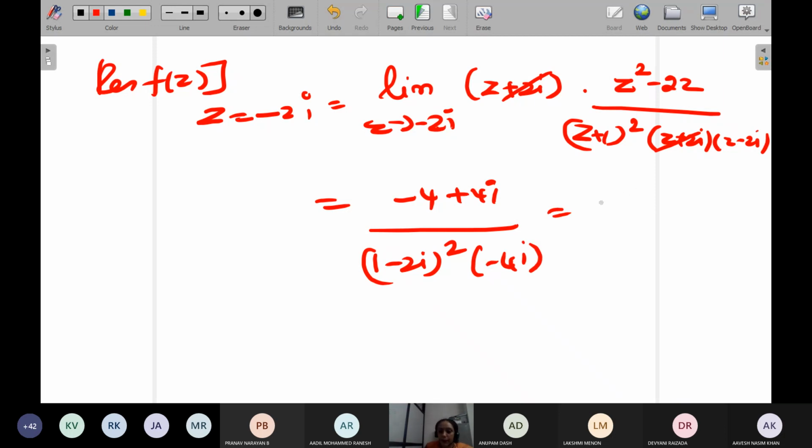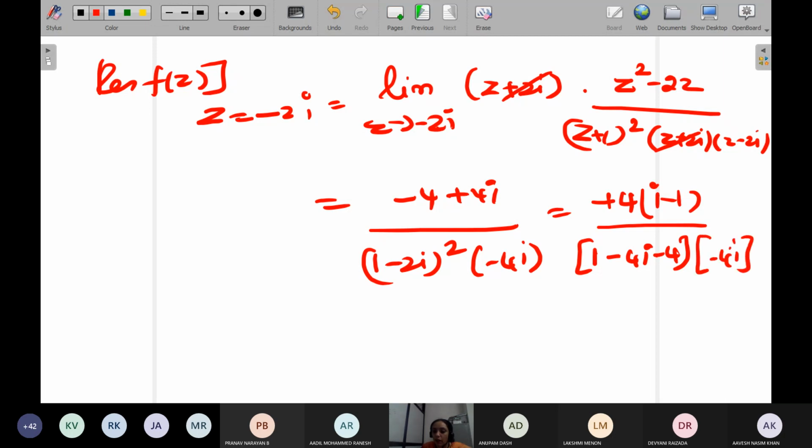You can take minus 4 outside or plus 4 outside. You can write it as i minus 1 divided by, expand this, a square minus 2ab plus b square, which will be minus 3 minus 4i. Is it clear?